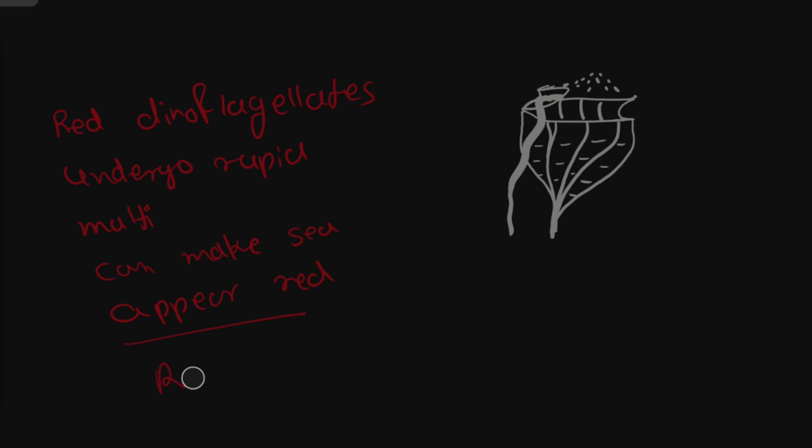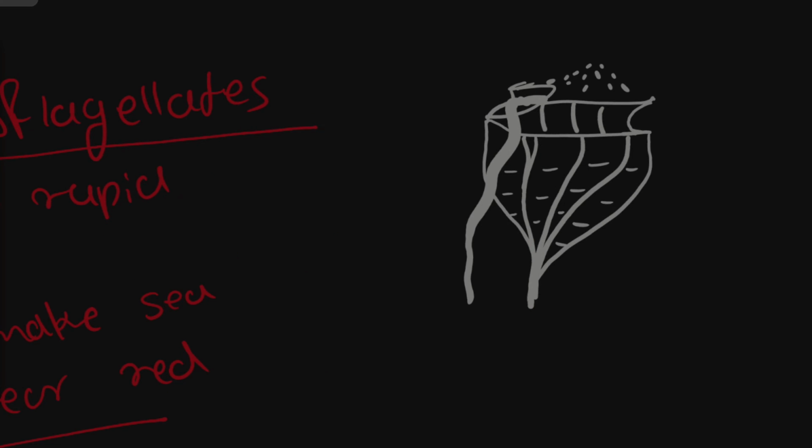This is called red tides, which are made by these red dinoflagellates. You can see for their locomotion, they have this long filament, and you can see the structure over here.